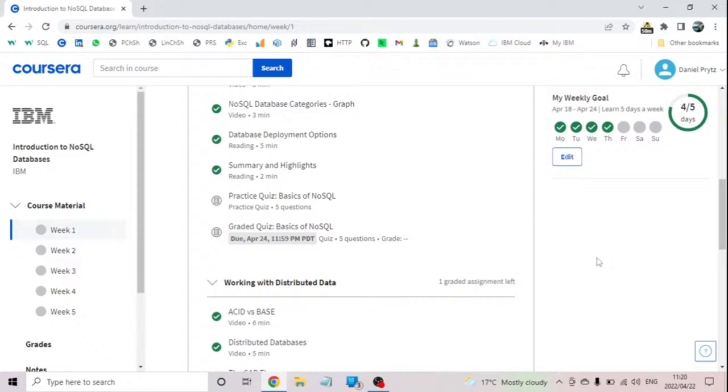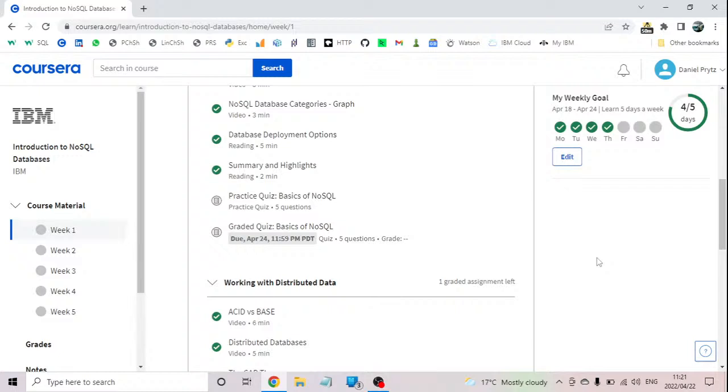Okay, database deployment options. Okay, module 2, working with distributed data, ACID versus BASE, learning objectives. Define what ACID and BASE stand for. ACID stands for atomic, which means that it has to be done at a specific level, at row level. It has to be perfectly done.